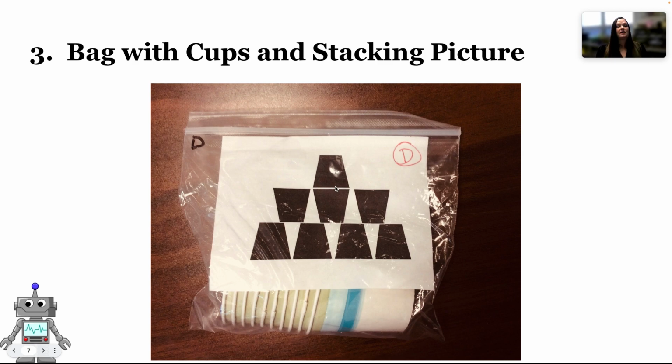It's got all the cups that they need to make that specific picture. And then I've also decided that for me and keeping things organized so that I have everything together is I've assigned a letter on each card and I've put it also on the back. So hopefully those things come back together at the end of the activity.